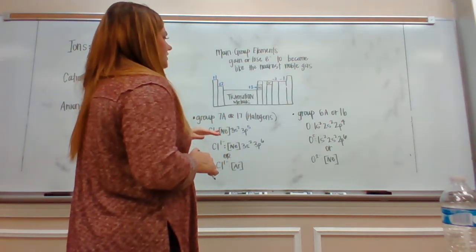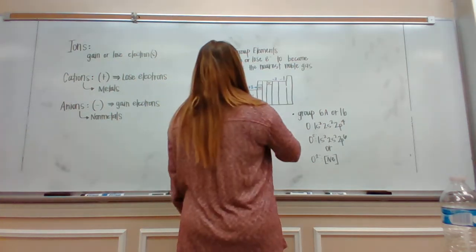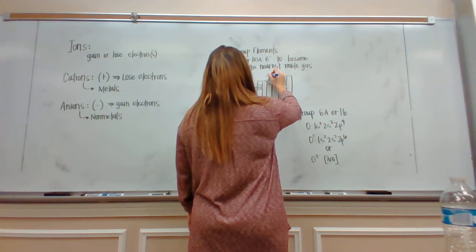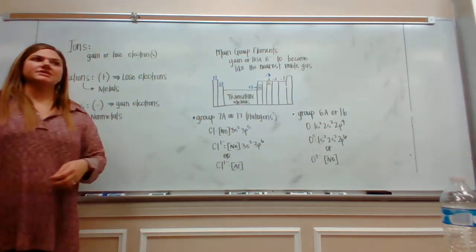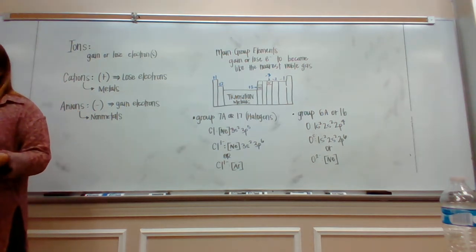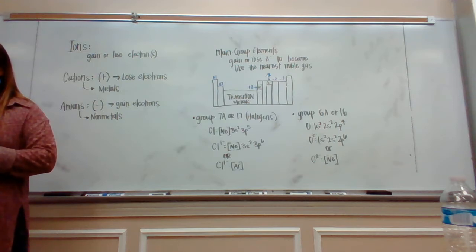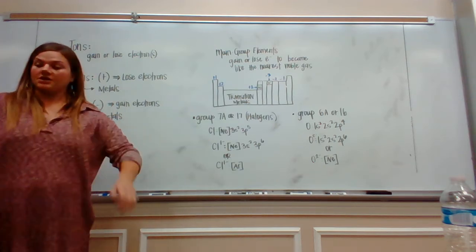The last one that does this every time with no exceptions is nitrogen, and it forms a -3. Phosphorus and everything else in that column sometimes will, sometimes it doesn't. So you would need more information in order to predict what it was going to do.